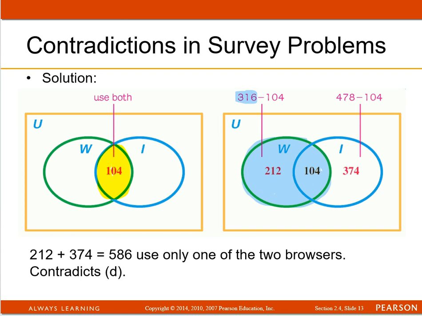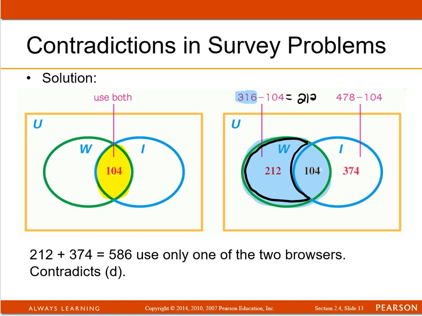So when you subtract 316 minus 104, you get 212. And those 212 are in this crescent moon shape.